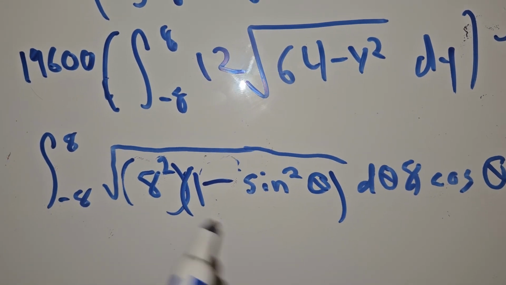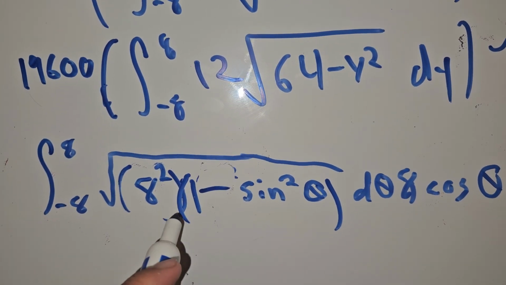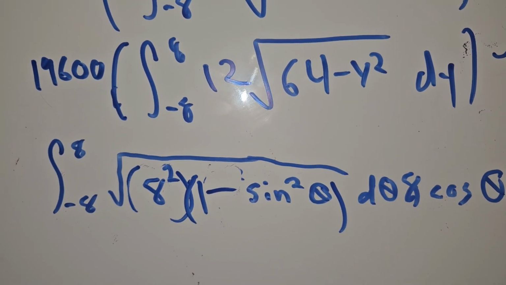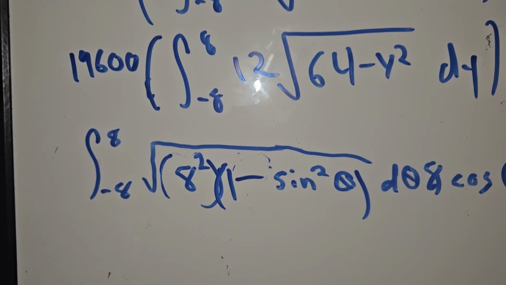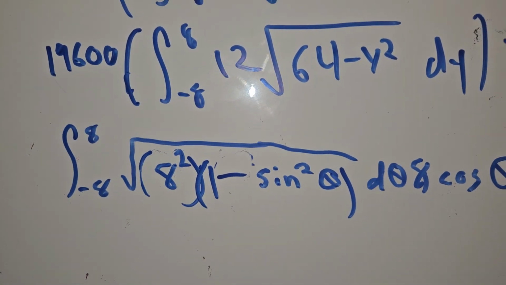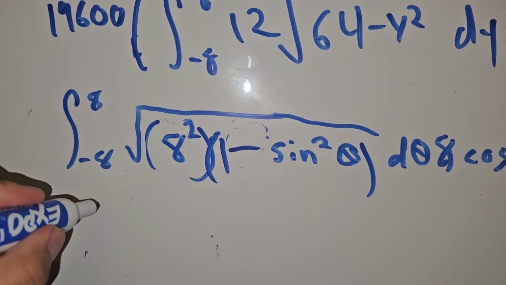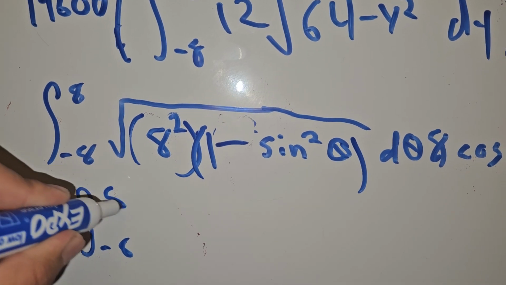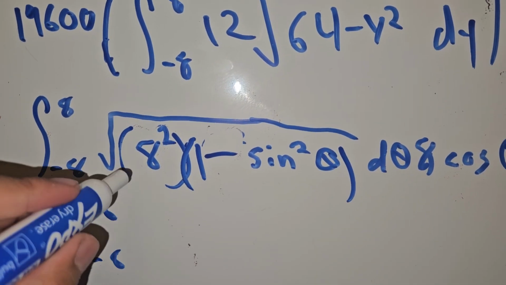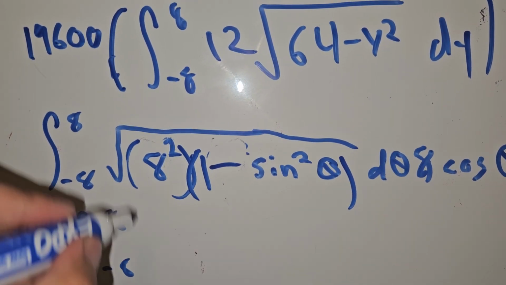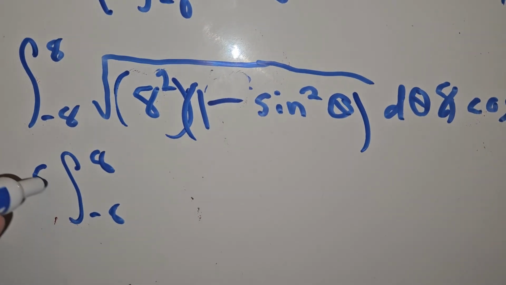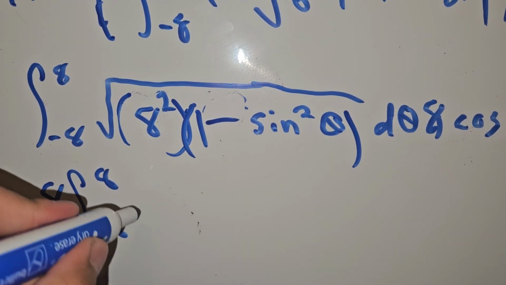And look at that, we have a product with 8 squared, so we can take the square root of that and take it out of the square root.